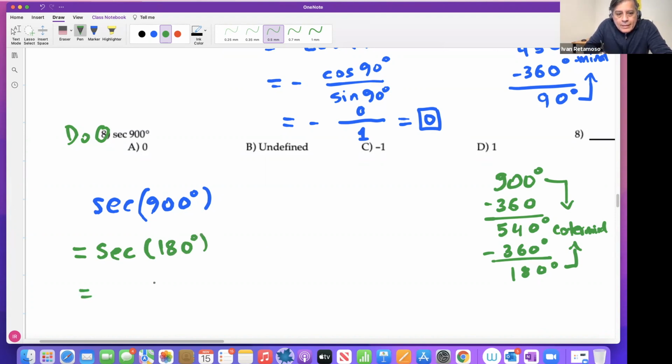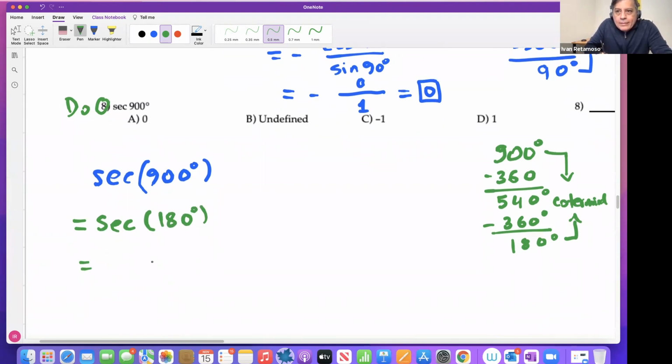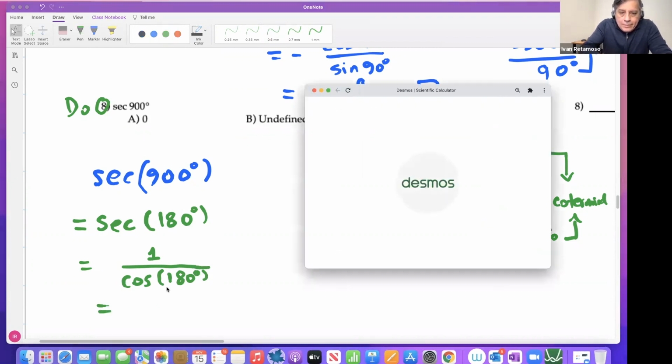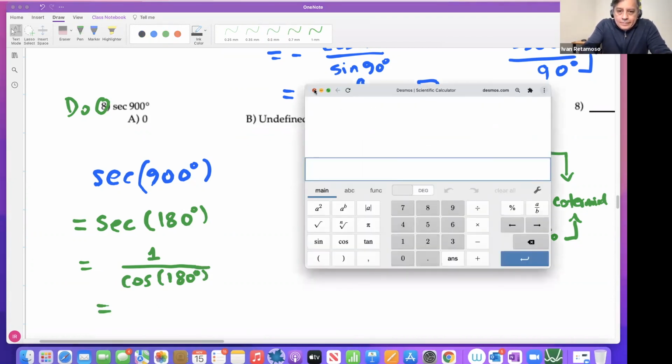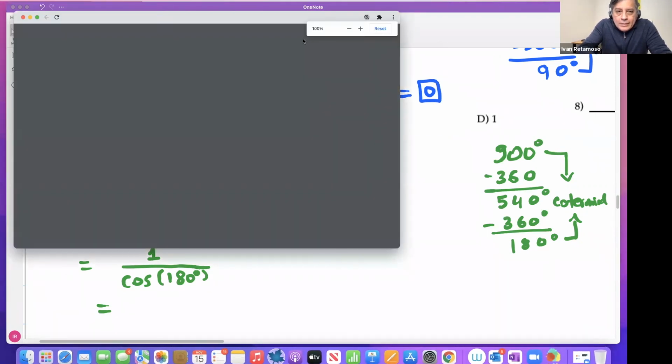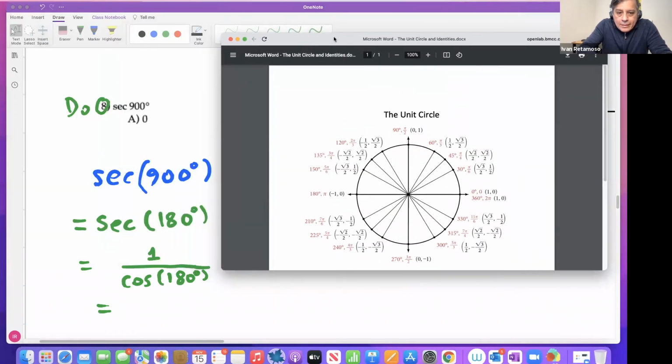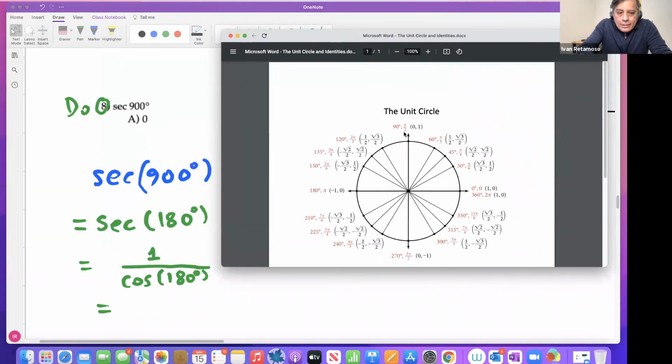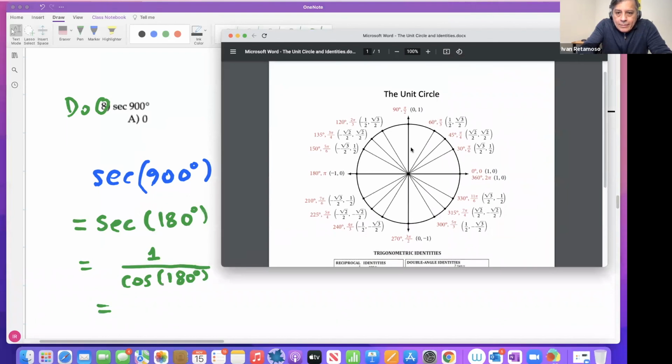According to the reciprocal identity, this will be 1 over cosine of 180 degrees. Well, what is cosine of 180 degrees? Look at your unit circle sheet that I just gave you. I shared the link, it's on our website. Look for the angle 180, it's here.